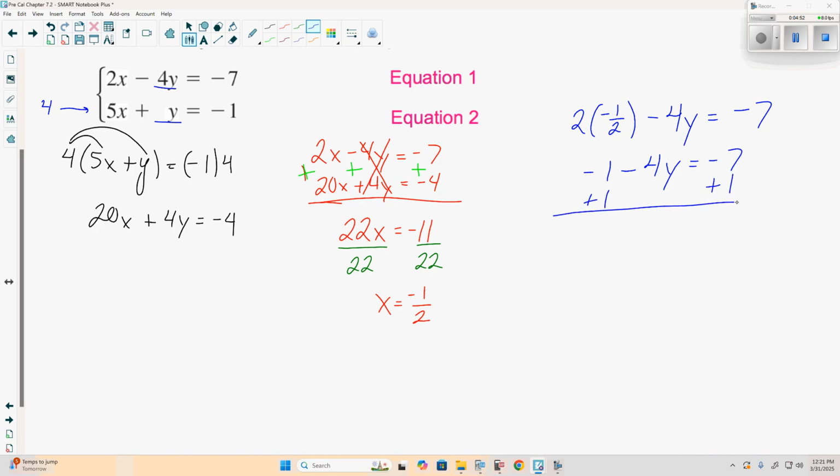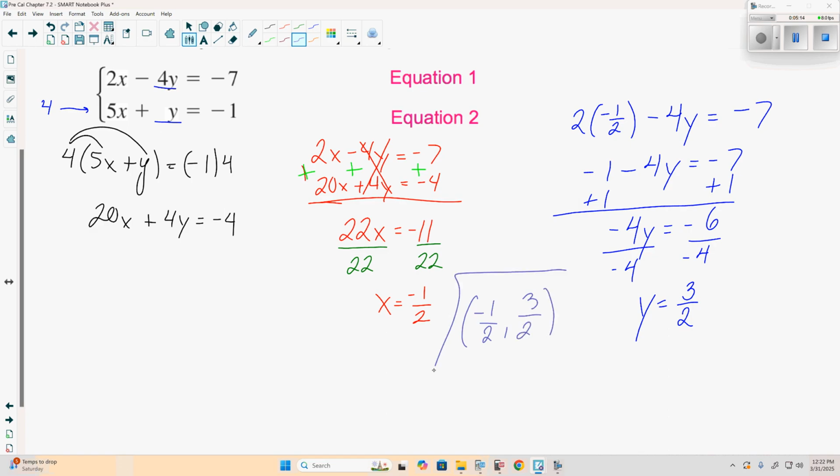Add 1 to both sides, telling us negative 4y is equal to negative 6. Divide both sides by negative 4, telling us y is 3/2. So our solution is the point negative 1/2, comma, 3/2.